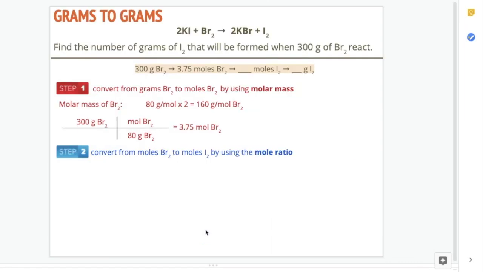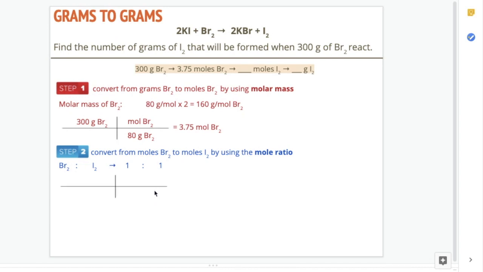So the ratio between Br2 and I2, we need to look at the coefficients up here. Br2 is here. It has no number in front, so there must just be one of them. The same is true for iodide. So the ratio is 1 to 1, which makes our life really easy.